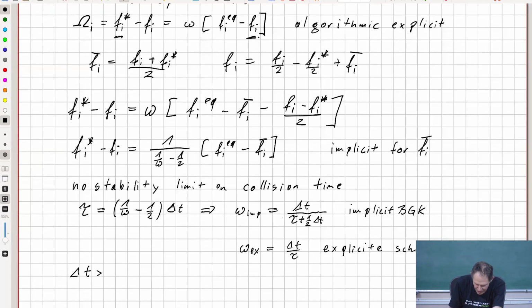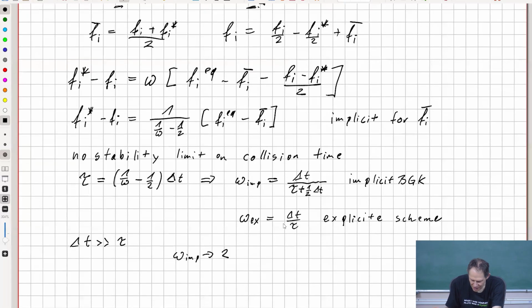In particular, if delta t is very much larger than tau, as you would like, because you remember 0.1 nanoseconds, 0.2 nanoseconds, this implies for the implicit method which we are using that omega would go to 2, whereas for the correct version, omega would have to go to infinity, which you can imagine does not work very well.